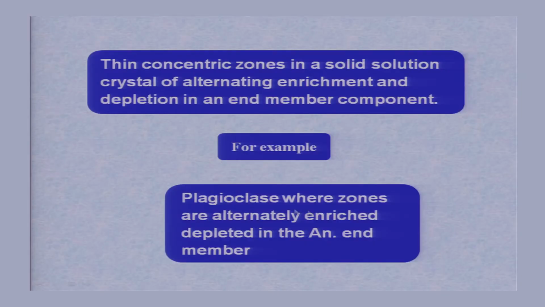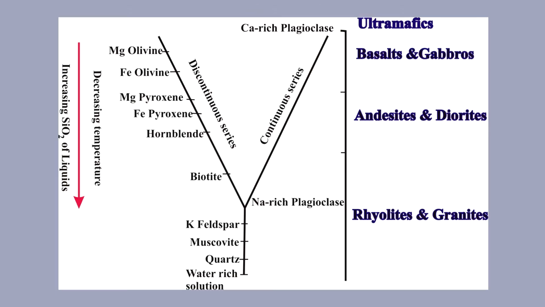As I said earlier, with end members albite and anorthite, there is enrichment of one end member and, at the same time, depletion of the other. The best example is plagioclase, where zones are alternately enriched and depleted in the anorthite end member. Anorthite is the first formed crystallized mineral; later on, rings are alternately replaced by albite.